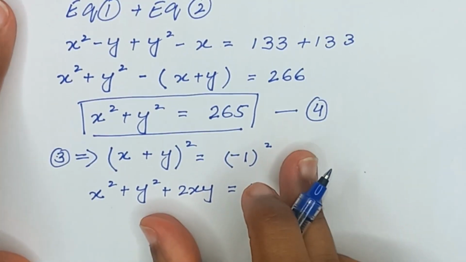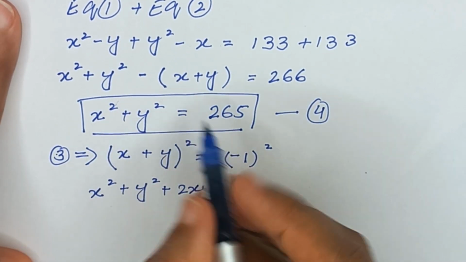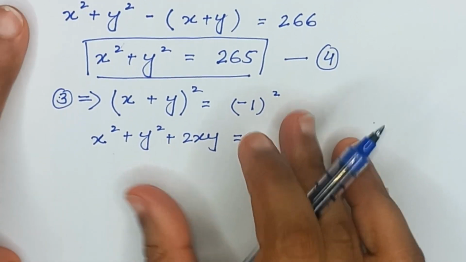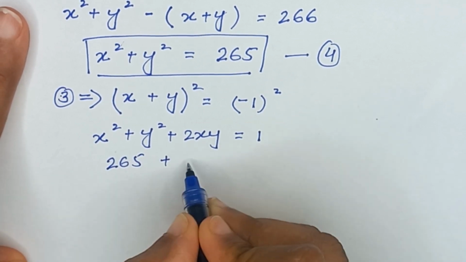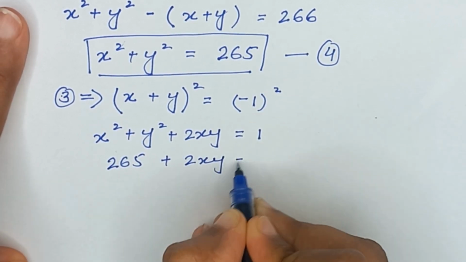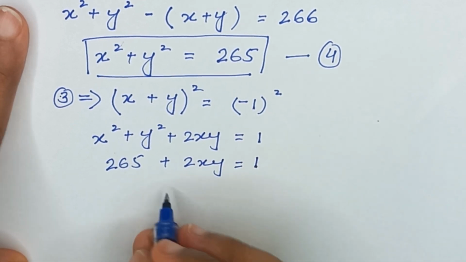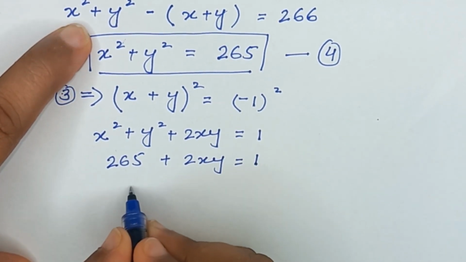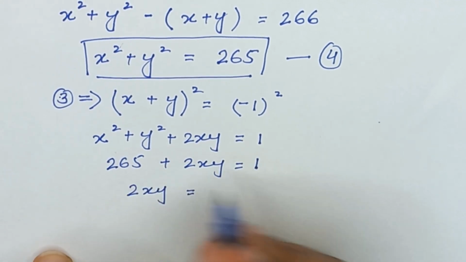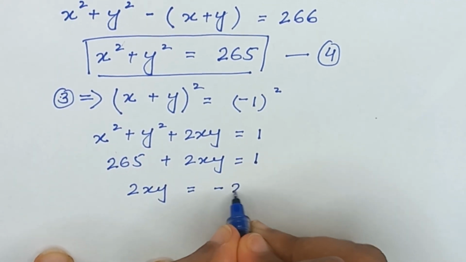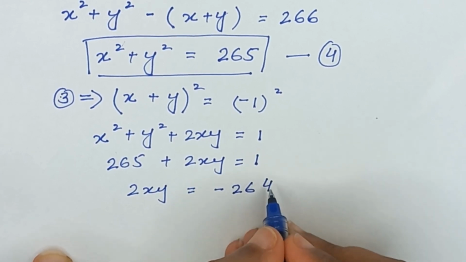So from here I know that the value of x square plus y square is equal to 265. So I will substitute here 265 plus 2xy is equal to 1. So 2xy will be equal to 1 minus 265. So it will be minus 264.